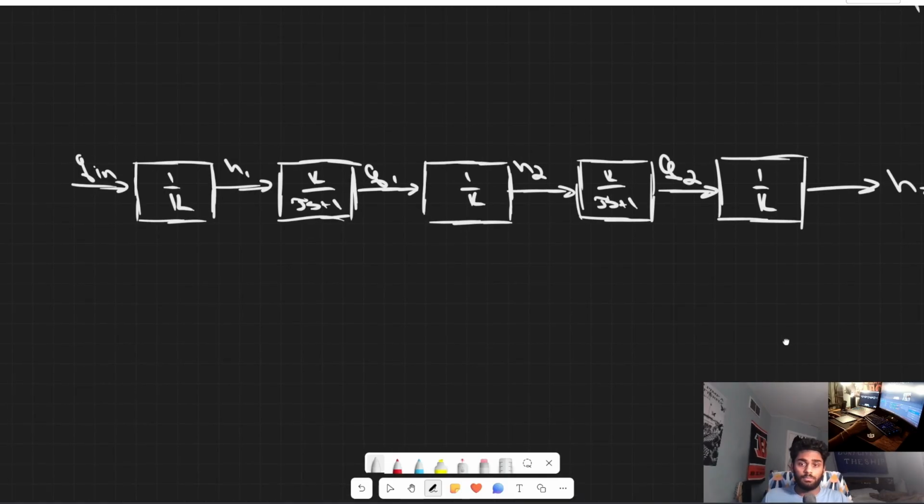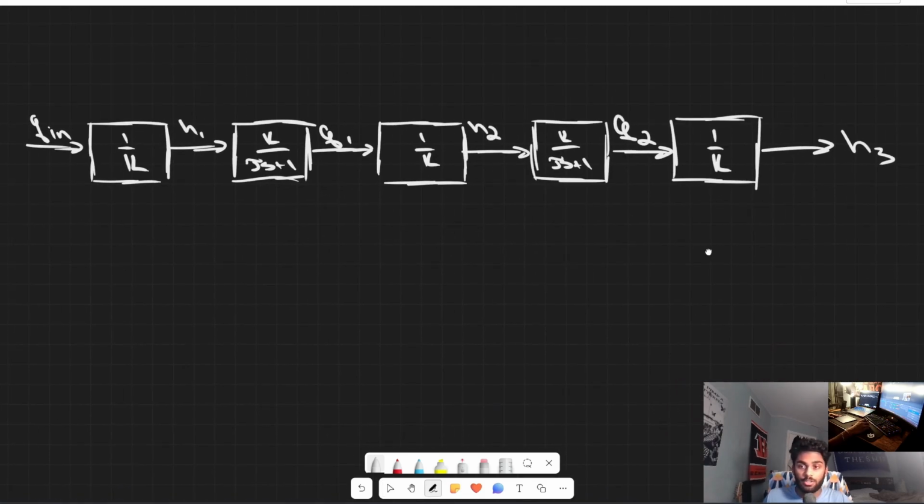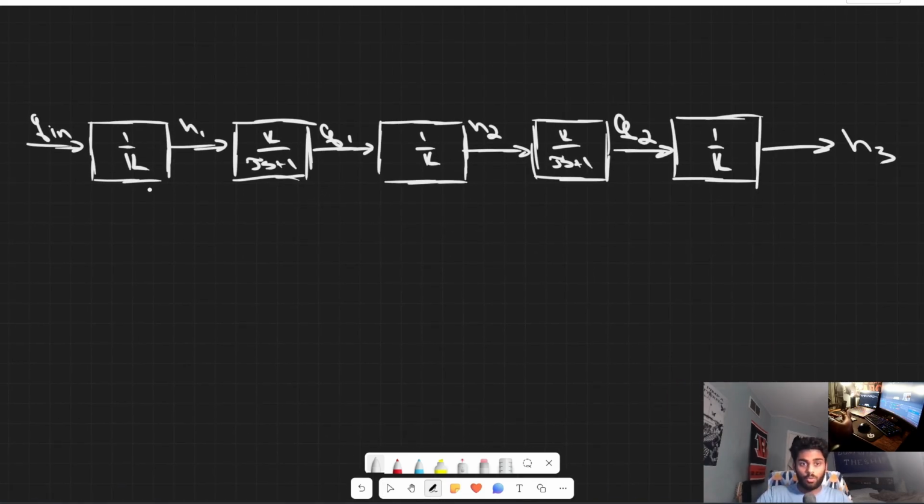So why did I even draw all this out? Well, you see that in order to get to H3, we multiply Q2 by 1 over K. But Q2 is equal to H2 times K over tau S plus 1. And H2 is equal to Q1 over 1. So by substituting in each one of these variables, we get a final relationship that takes us from Qn to H3, which looks something like this.